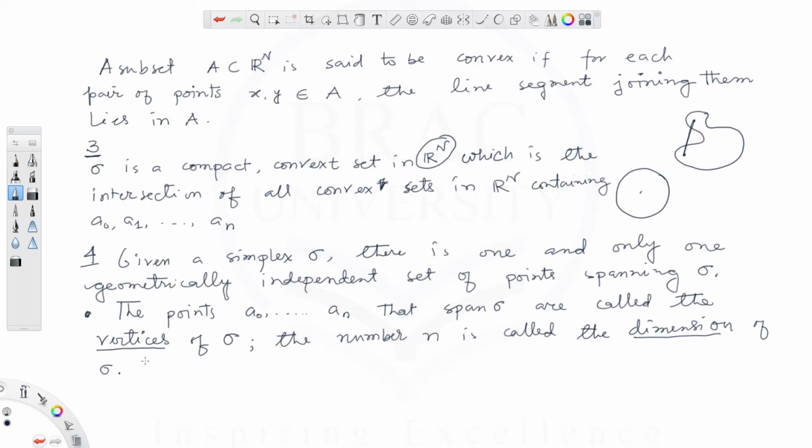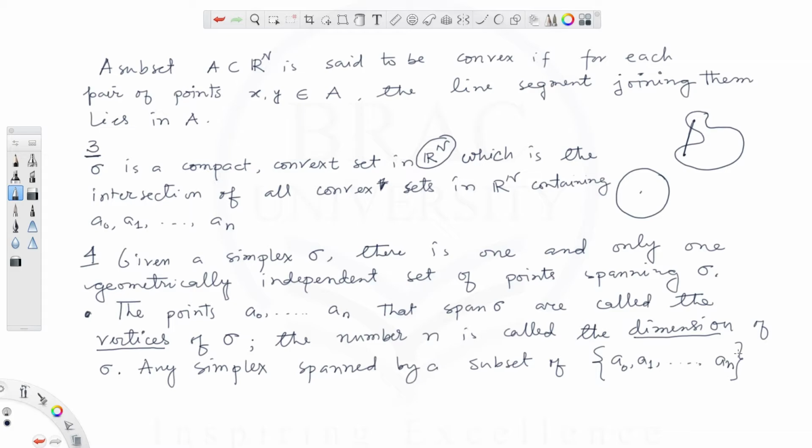Any simplex spanned by a subset of these vertices is called a face.